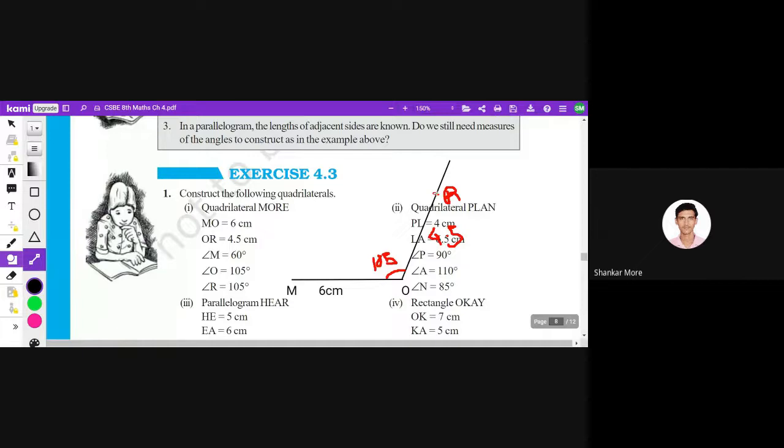Let us suppose this is the line and I don't know the measure of this. और angle M कितना दिया है? 60 degrees दिया है, so 60 degrees यानी acute angle. So let us suppose I draw this angle like this, and this is going to be MORE. So this is going to be our quadrilateral.